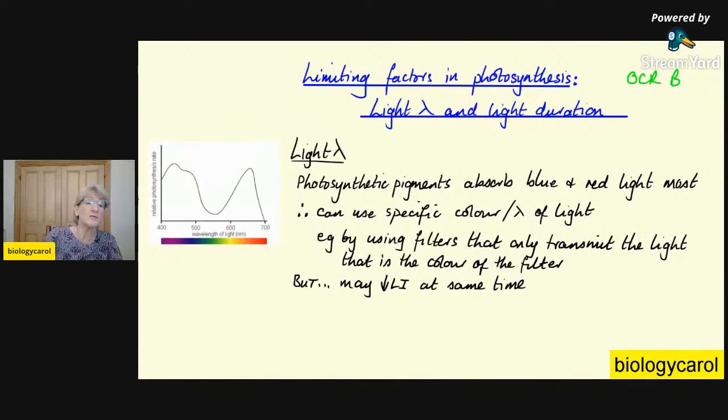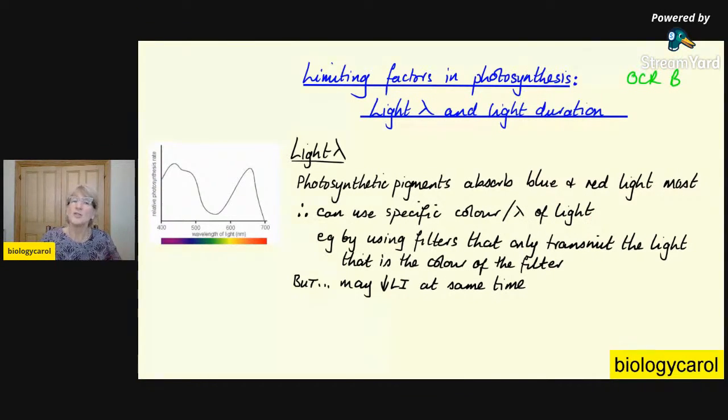And hopefully you can see from here that photosynthetic pigments, chlorophyll and all of its mates, particularly absorb light at the blue end and at the red end. And therefore it makes sense that we can use a specific color or wavelength of light.